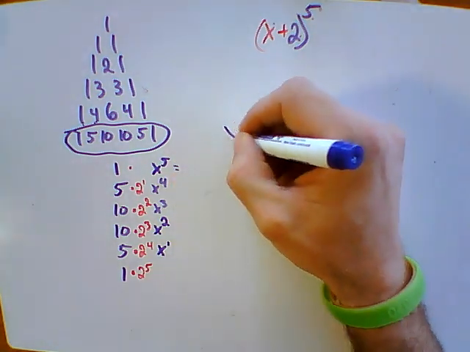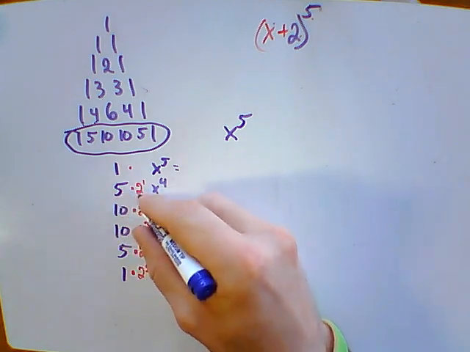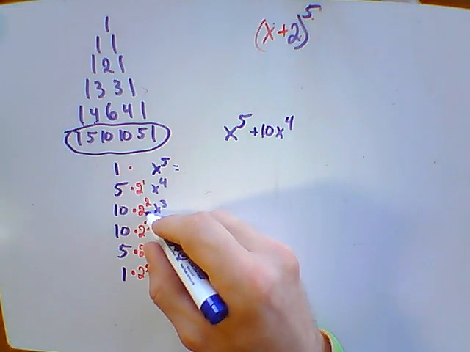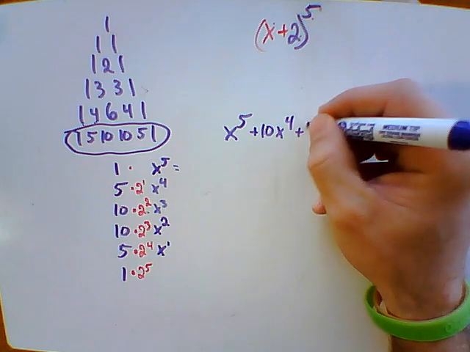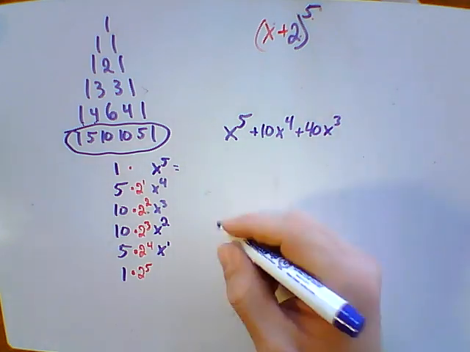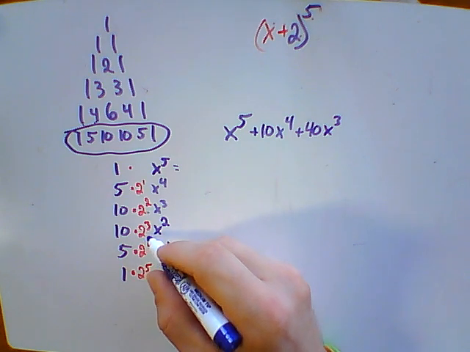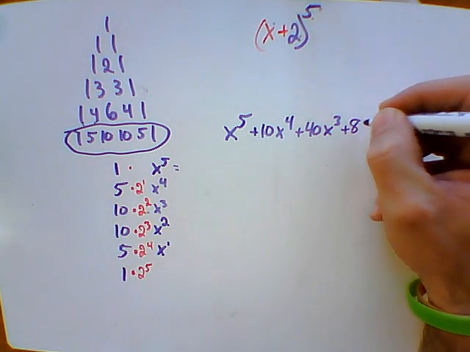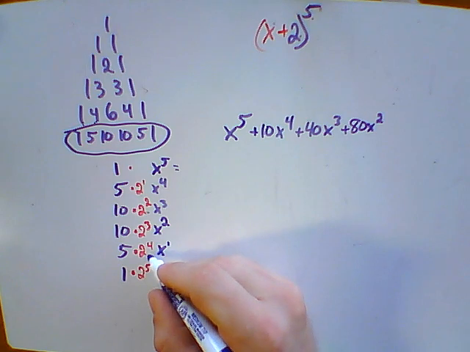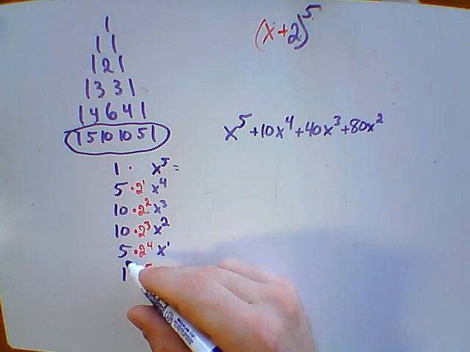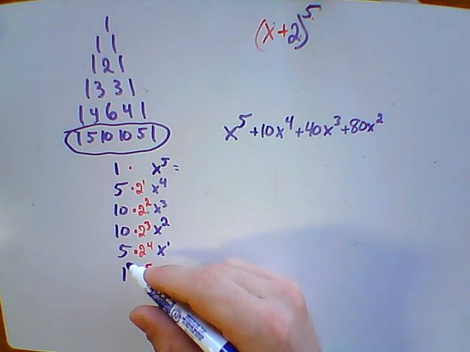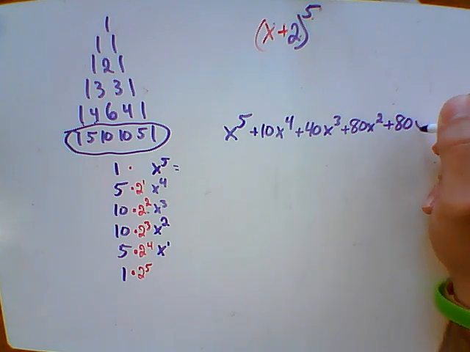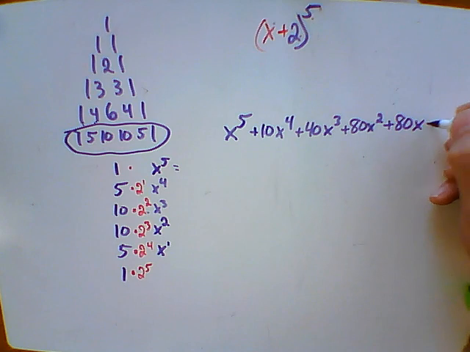So the first one, I'm going to have x to the 5th plus 5 times 2 is 10, x to the 4th. 2 squared is 4 times 10 is 40, x cubed. 2 to the 3rd power is 8 times 10 is 80, x squared. 2 to the 4th is 16 times 5 is 80, plus 80x, and 2 to the 5th is 32.